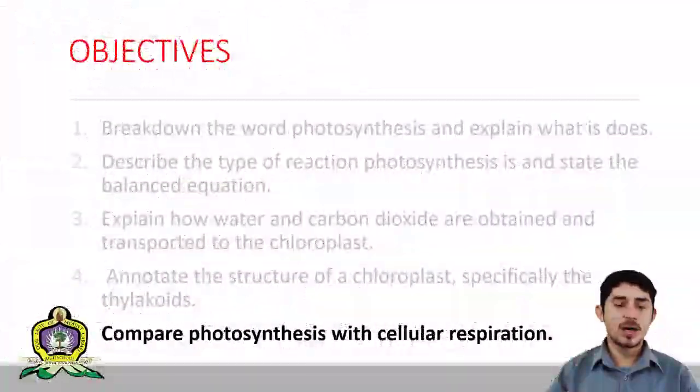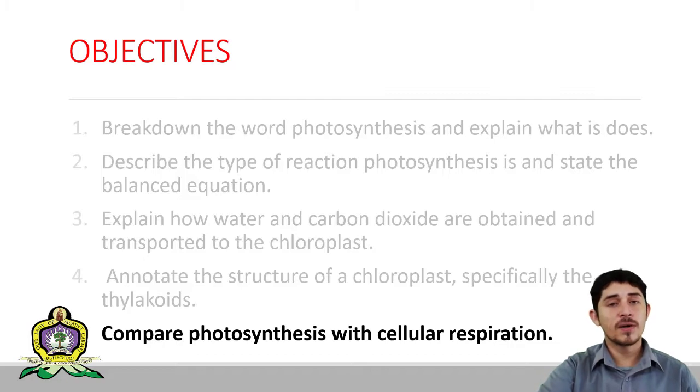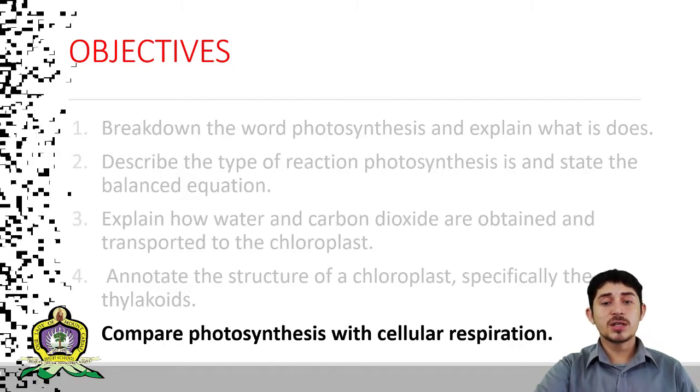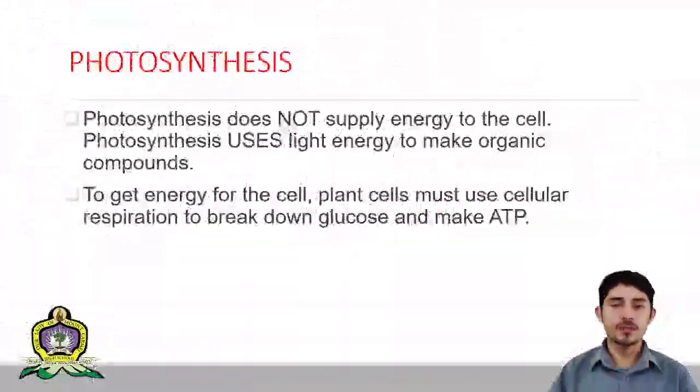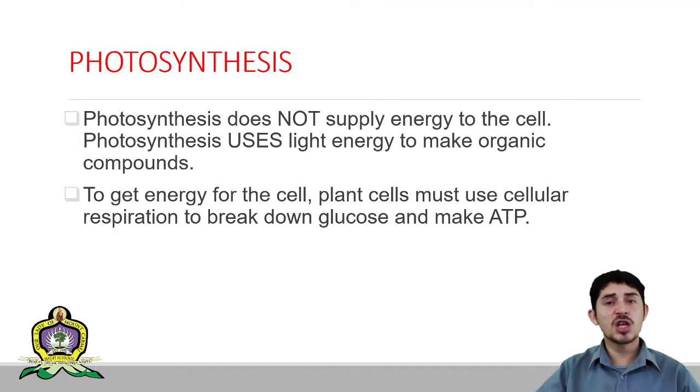Now let us look at the final aspect of our lesson today. We need to compare photosynthesis with cellular respiration. And here we go. I want you to think of photosynthesis as the process that produces oxygen and glucose. I want you to think of cellular respiration as the process that produces energy and carbon dioxide and water.